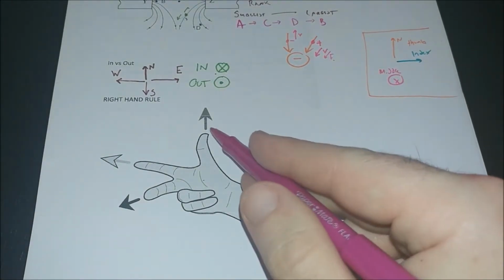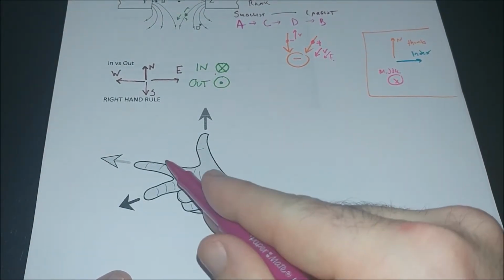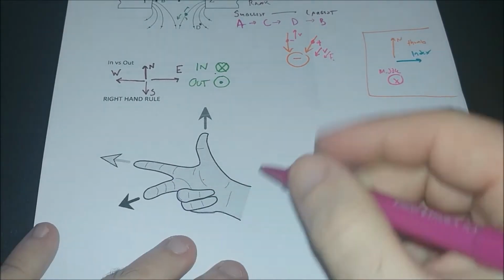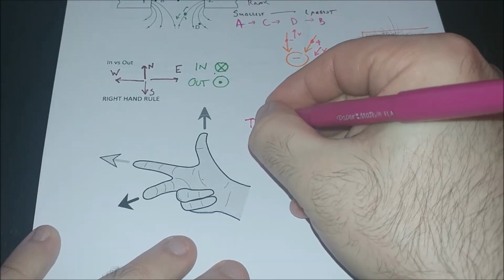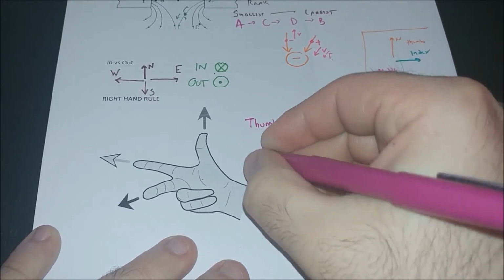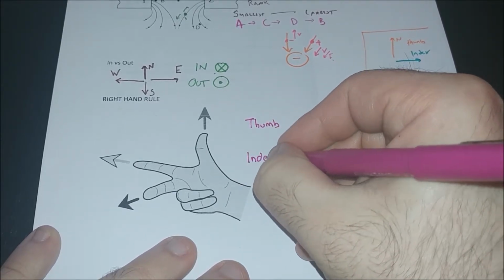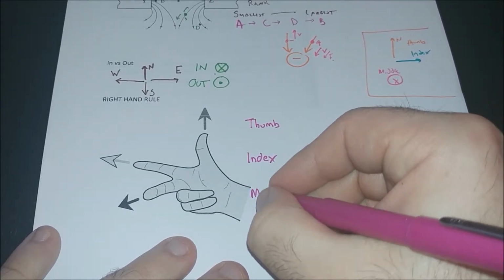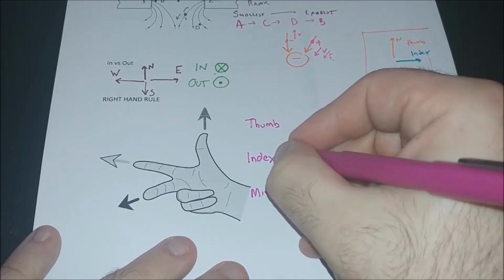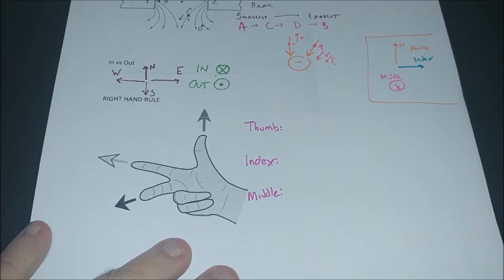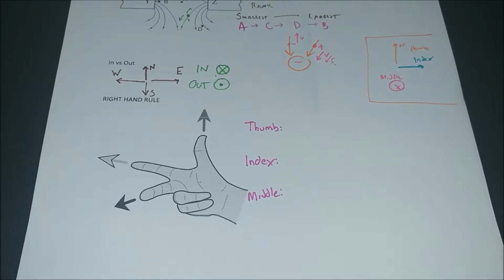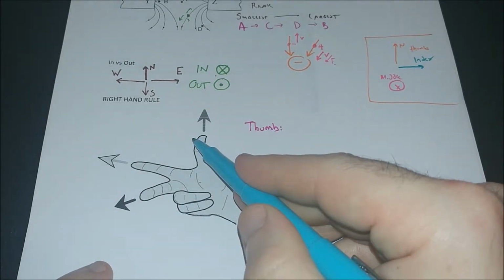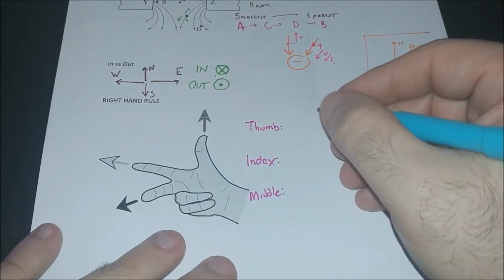So with this, there are 3 parts of your hand: the thumb, the index, and the middle finger. Let's write them down. They each stand for a physics property. The thumb is the direction of the motion.